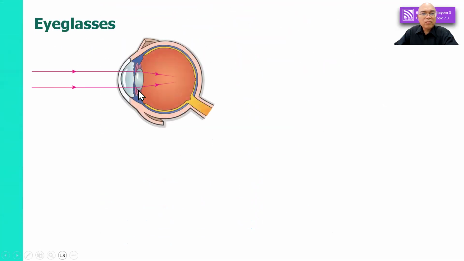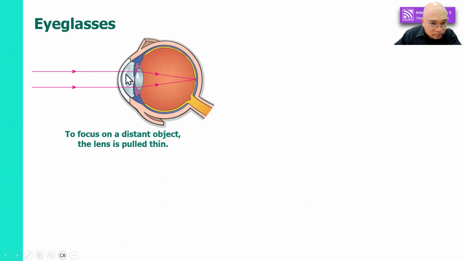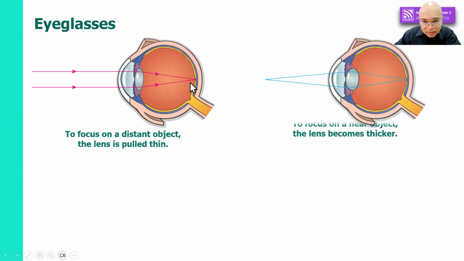So, what about the eyeglasses? Now we have the focus on the distant object. The lens is pulled thin. We have the rays here coming through your lens right here. The focal point is right here. The image is formed here at the focal point. And to focus on a near object, okay, the lens becomes thicker.